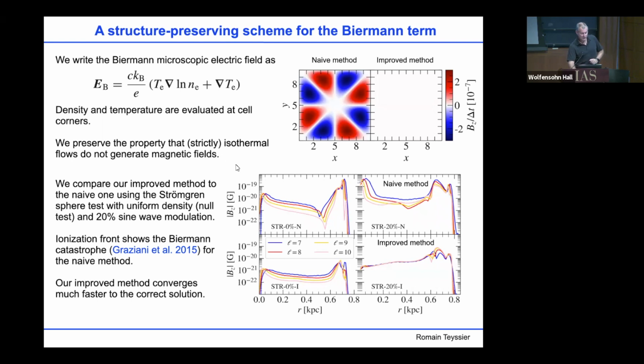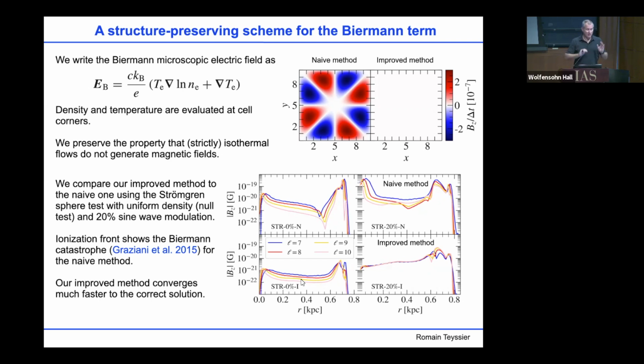And you see now that these are examples of these Strömgren sphere tests. And here, the two left panels are a very hard test. It's a Strömgren sphere test with zero density modulation, meaning that you should find zero magnetic field. And you see that the naive method actually finds quite a large field here. And the better method finds a field which is much smaller, right?